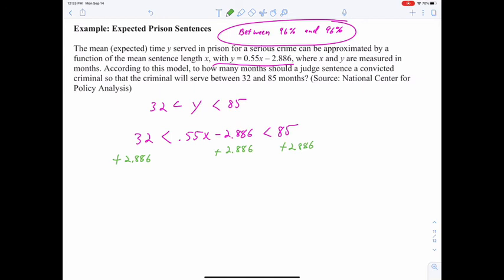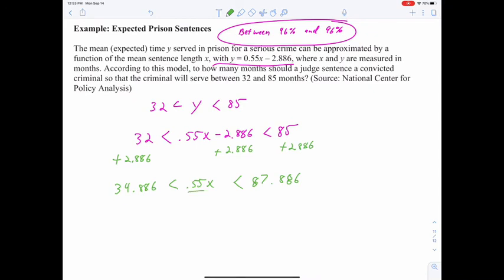Okay. Let's see. I didn't calculate these, so let me calculate these real quick. Well, this first one's easy. 34.886 less than 0.55x less than 87.886.